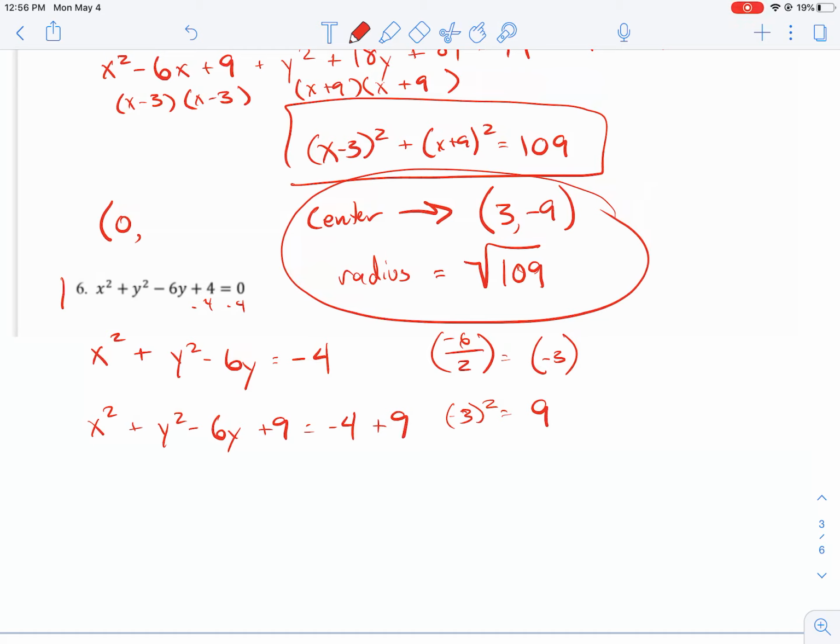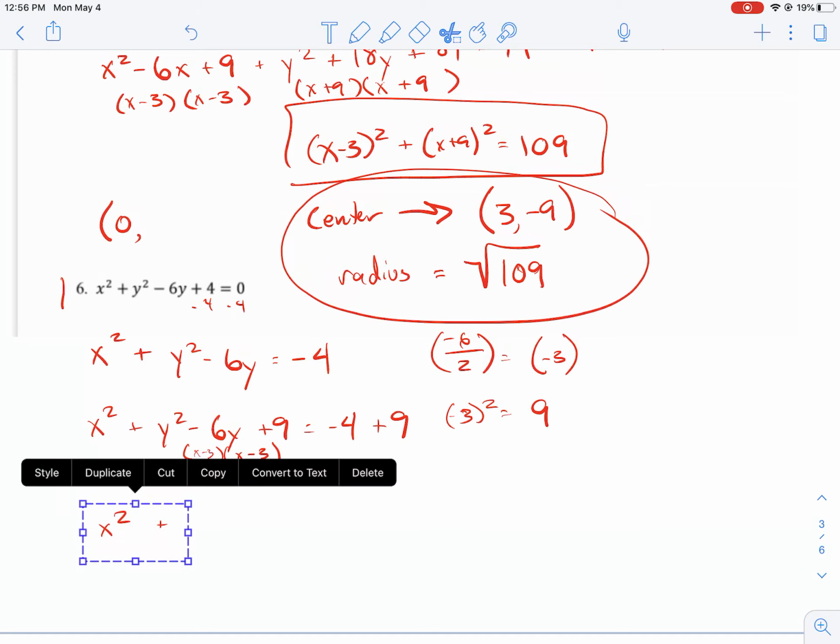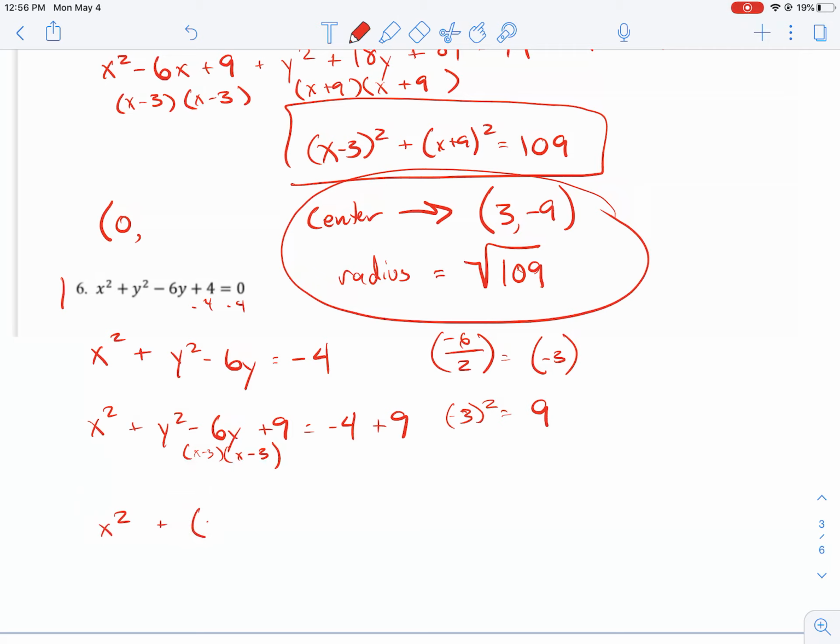Okay? And so we don't have to do anything with that x squared. We don't have to factor that. This one can be factored as x minus 3, x minus 3. So therefore it's going to be x squared plus y minus 3 squared is equal to 5.